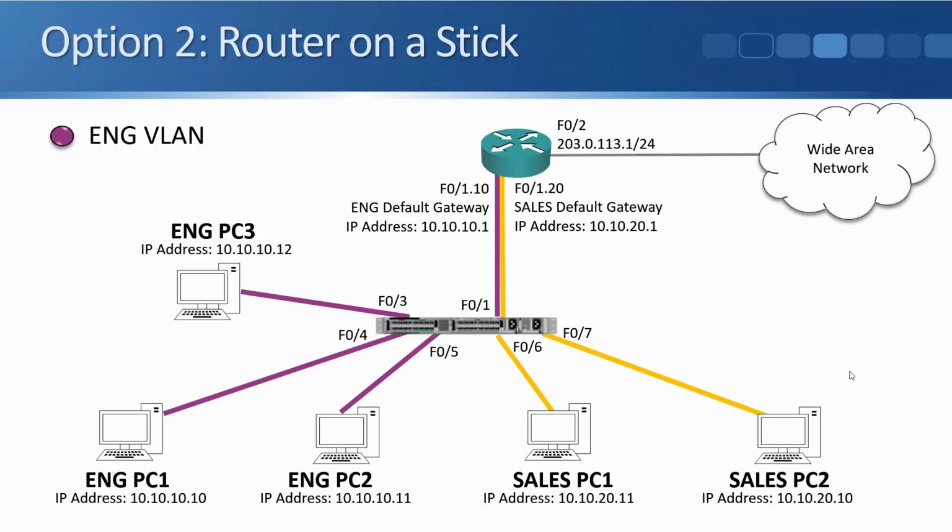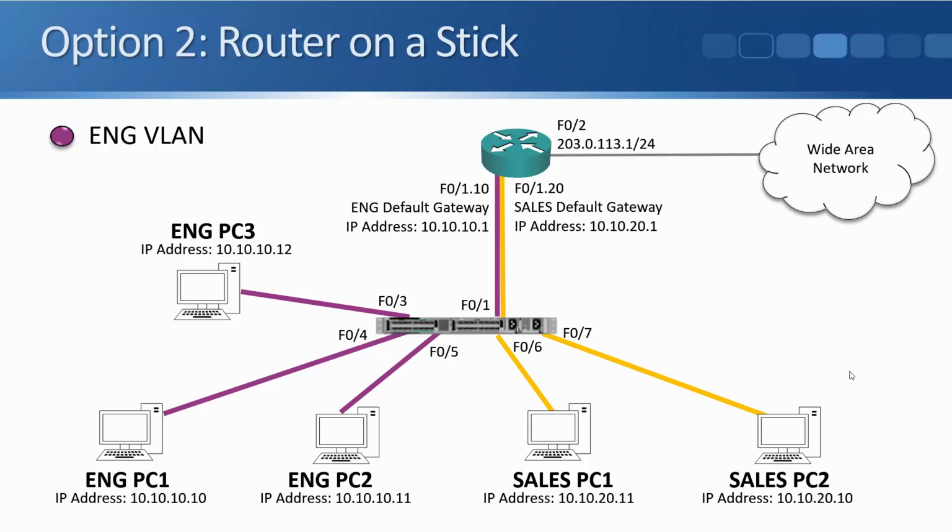Then we add the interface fast0/1.10. Just by putting in the command interface fast0/1.10, that will create the virtual sub-interface for us. We then specify that sub-interface is going to be in VLAN 10, and we give it the IP address 10.10.10.1. That is going to act as the default gateway address for our engineering PCs.